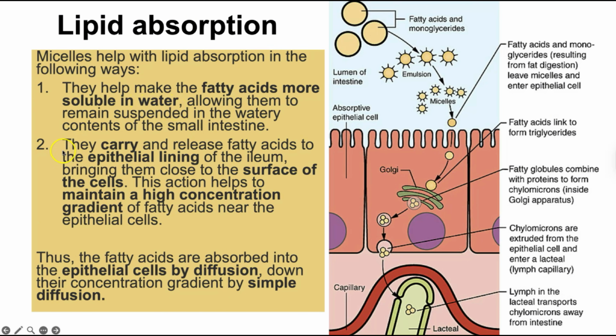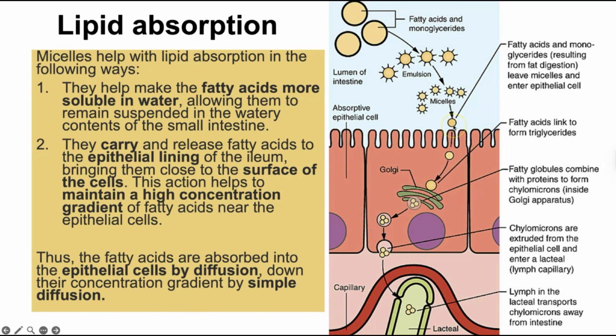The second mark links to that. The micelles carry and then release the fatty acids and the monoglycerides to the epithelial lining of the ileum. So the fatty acids are all released at this point. It's often another marking point that this helps to maintain the concentration gradient of the fatty acids near the epithelial cell.